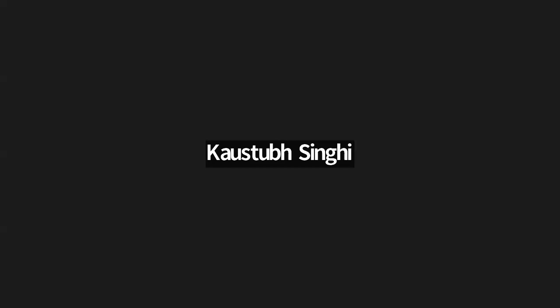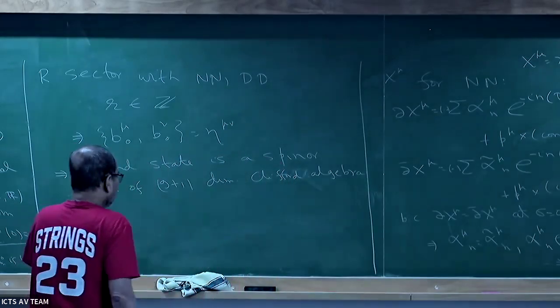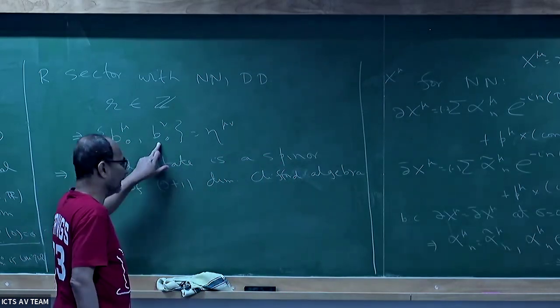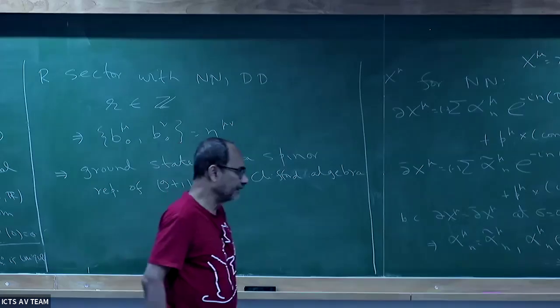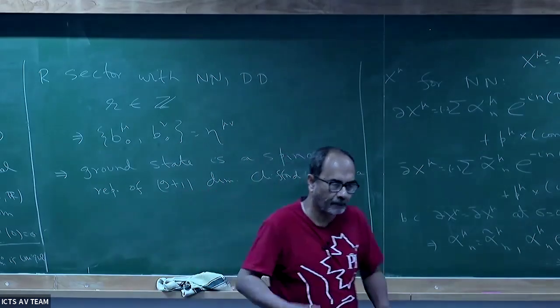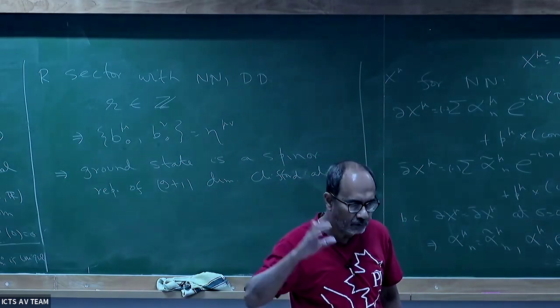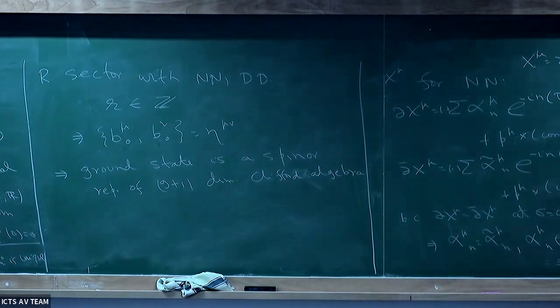Ashok, yes. The spinors are 9 plus 1 dimensional, you're saying? Yeah, at this stage they are 9 plus 1 dimensional, because all the 9 plus 1 psi zero modes are there. But to get some physical information out of it, we have to decompose the 9 plus 1 dimensional spinor into the subgroup SO(p,1) times SO(9-p).